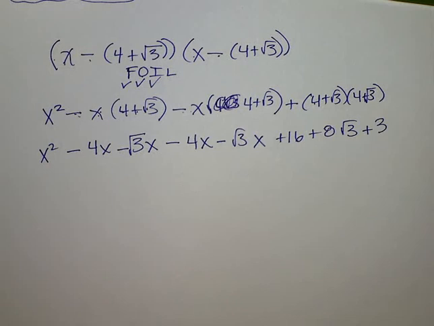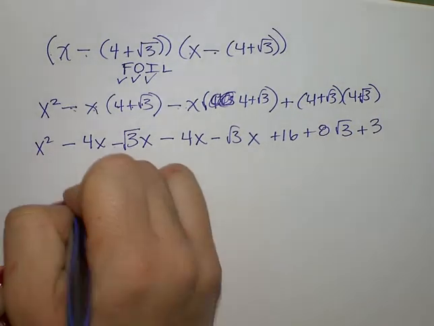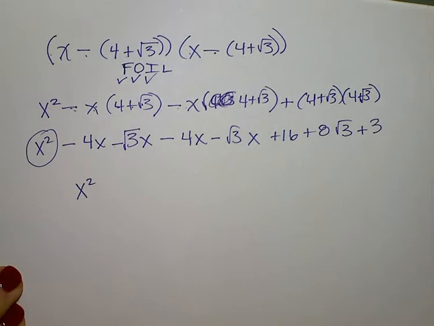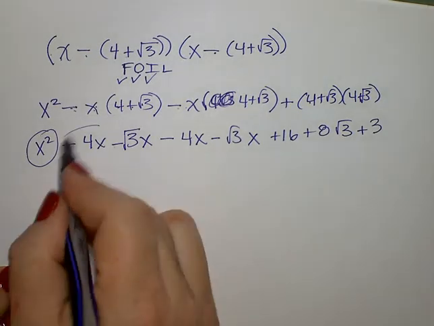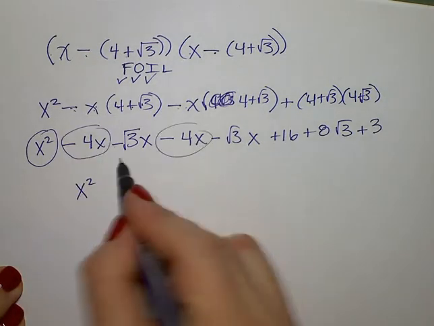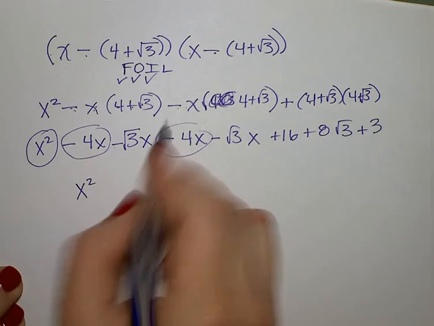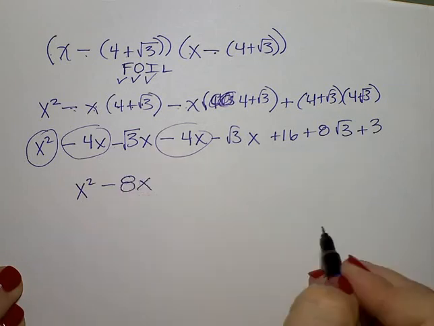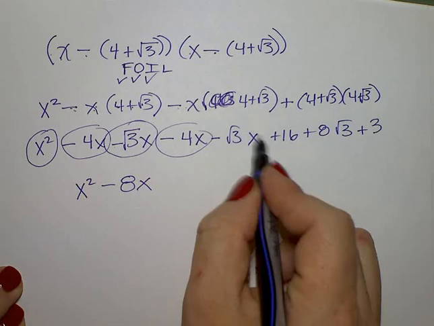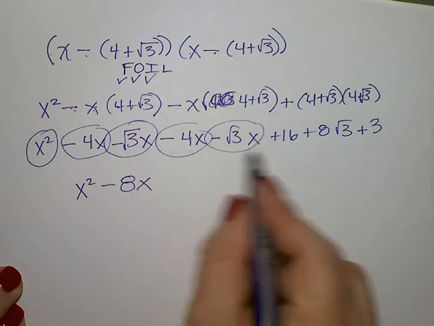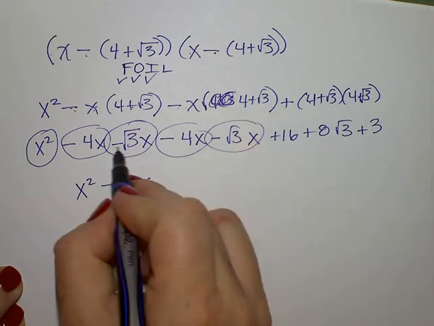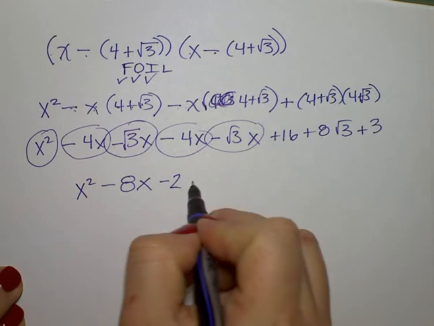Okay, I'm going to find like terms. That's my only x squared. So I have just x's, so I have negative 8x. And now x's that have a radical 3. So there's 2 of these. I'm guessing that's where you're going to see mistakes made.